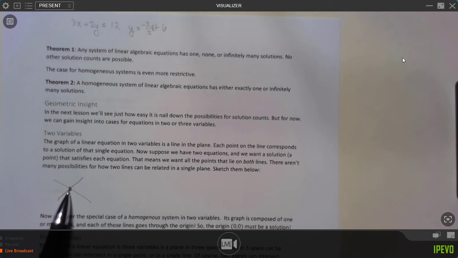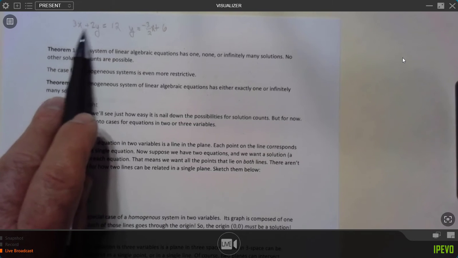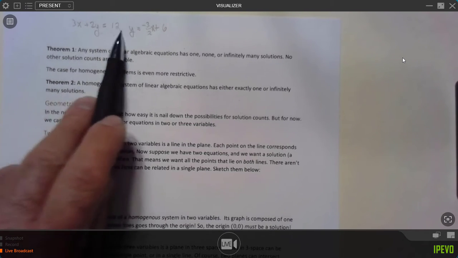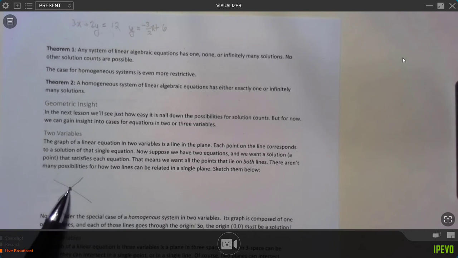Now, a point is an ordered pair that satisfies the equation. So it's a solution to one of those equations, right? And if you have a point that lies on both lines, then it's a solution that satisfies both equations, and therefore a solution to the system.